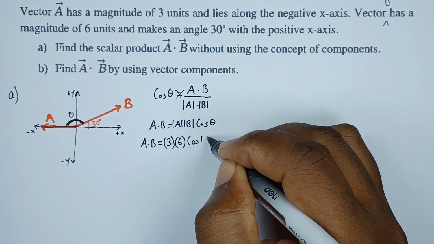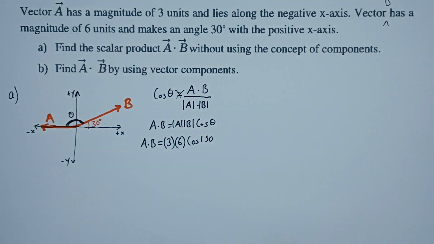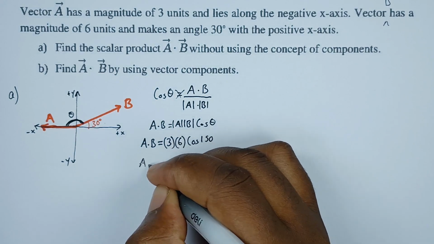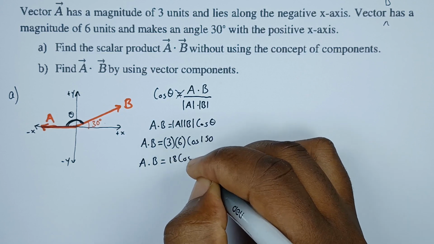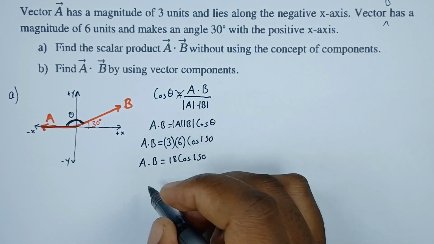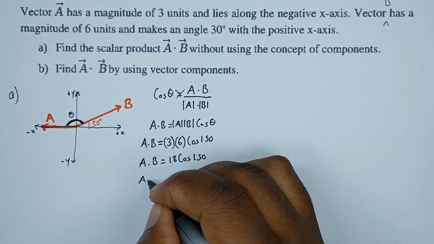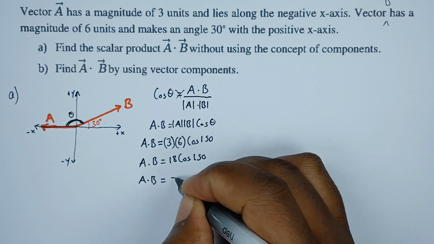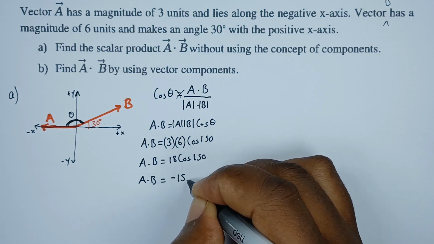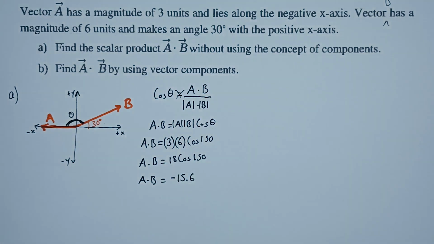cos 150. So A dot B is equal to 18 cos 150. If we compute this, we'll find that A dot B is negative 15.6.